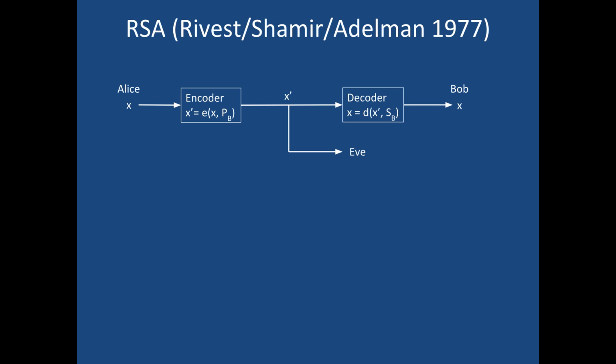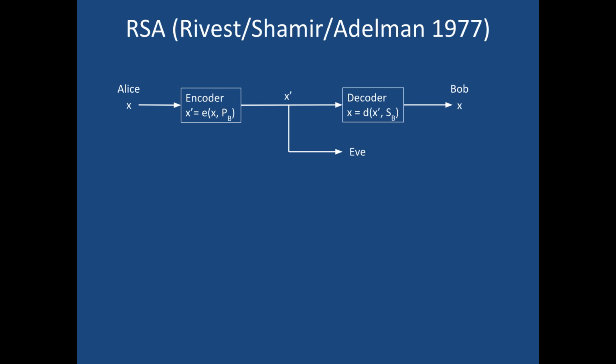So P sub B is Bob's public key. S sub B is Bob's secret key. And for Alice to send a message to Bob, she has to know Bob's public key. And she doesn't have to know the secret key, though. So she runs the algorithm and encrypts a message X with Bob's public key to create X prime. X prime goes over the wire, Eve intercepts it.